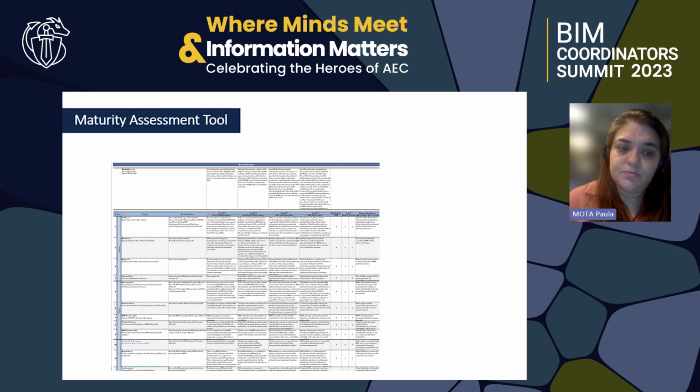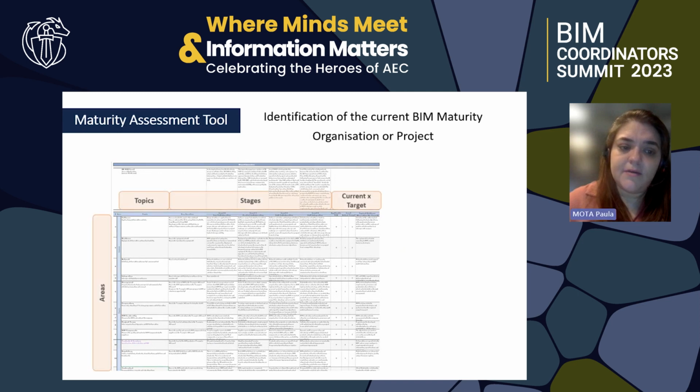In this tool, on the left side we have the areas, which are people, policies, process, data, and system. For each area we have some topics. For example, for people we have capacity, we have training, topics that involve people, and likewise for the other areas.